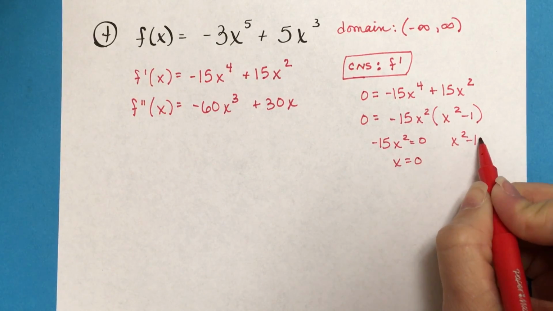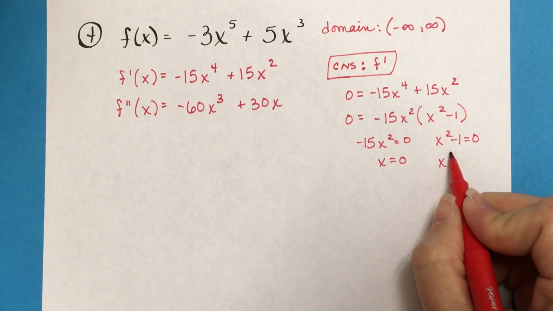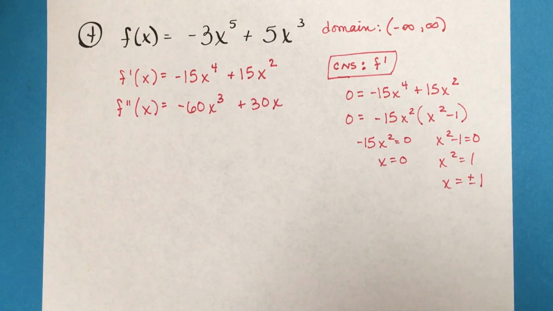And x squared minus 1 equals 0 will end up giving me, of course, that's x squared equal 1, so x is equal to plus or minus 1, okay? So these are going to be my critical numbers, and what I'm going to do is substitute those critical numbers into my second derivative, okay?